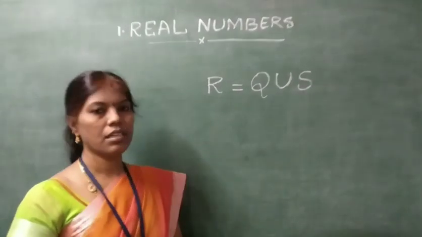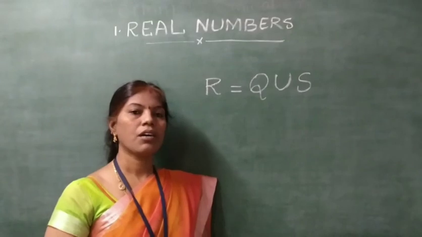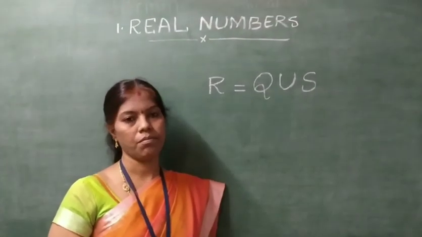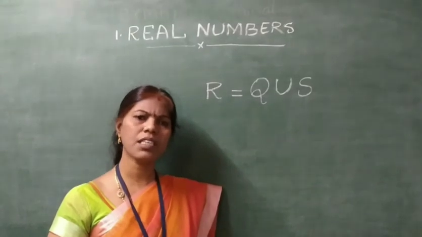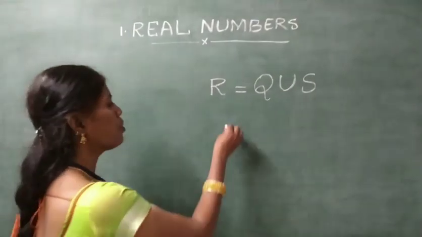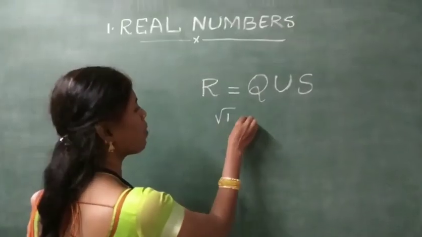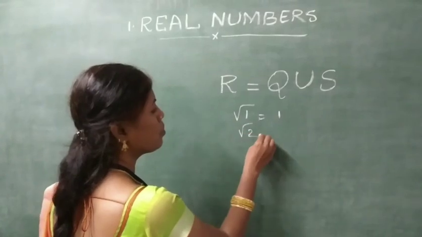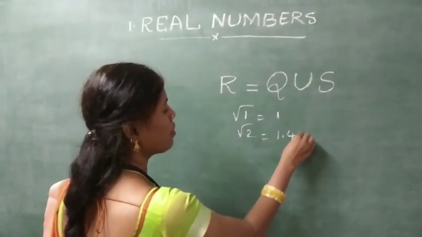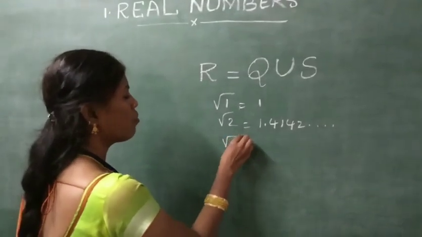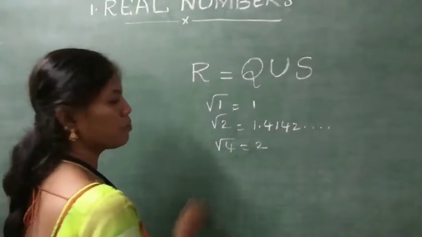Today, we are going to learn about irrational numbers in another form. What is that another form? For example, let us take root 1. Root 1 is nothing but 1. Root 2 is nothing but 1.4142 and so on. Then root 4 is nothing but 2.